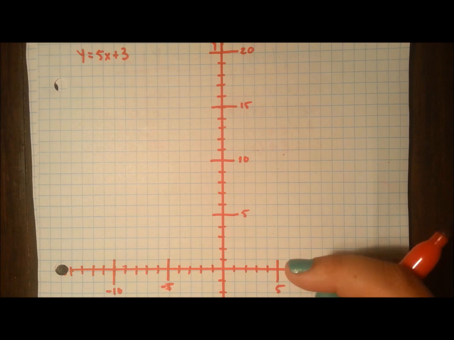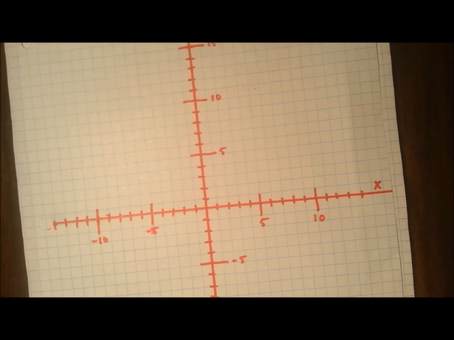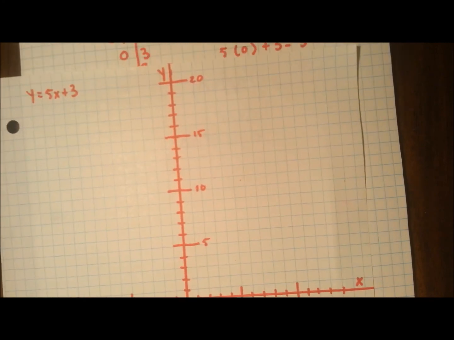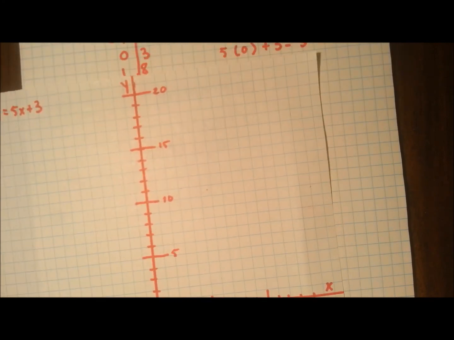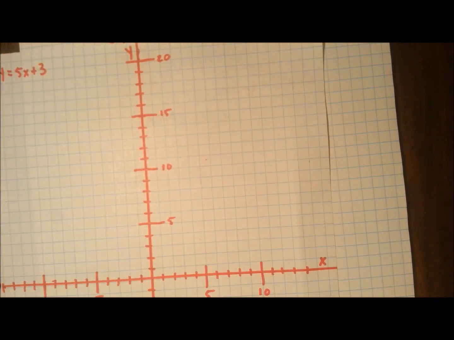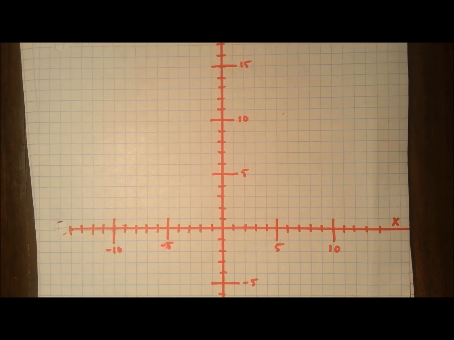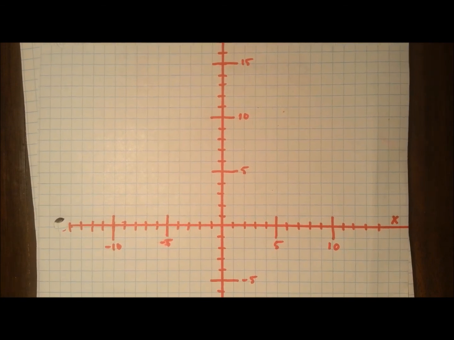I've labeled my axes. That's my x-axis, that's my y-axis. Now we're going to plot our points onto our graph.